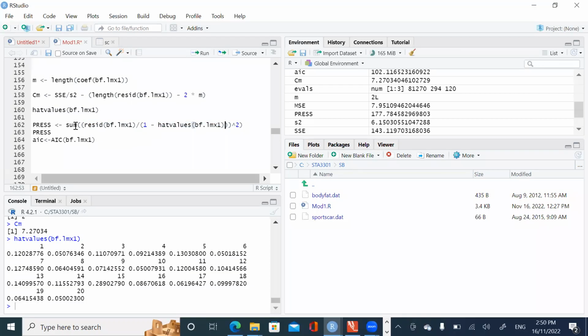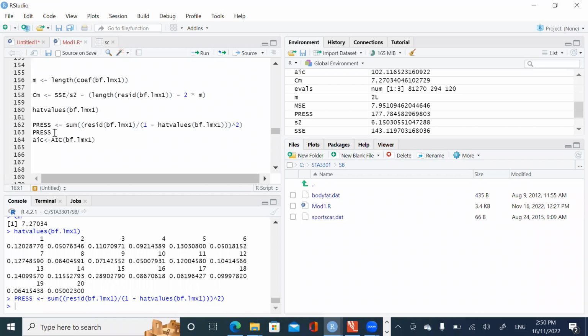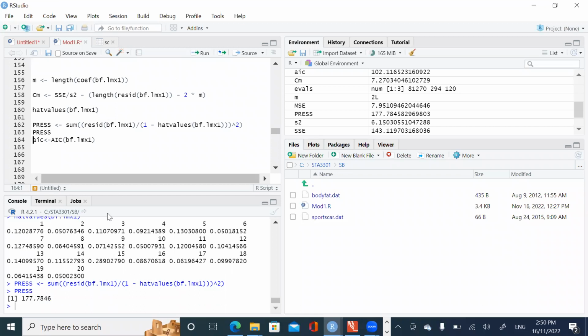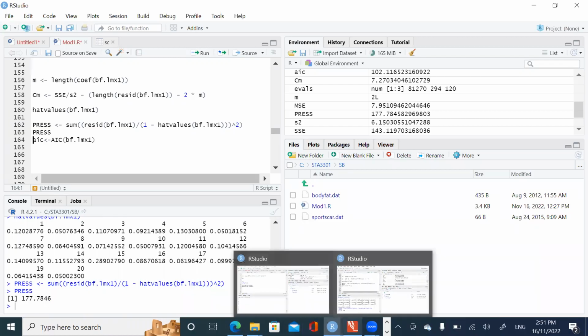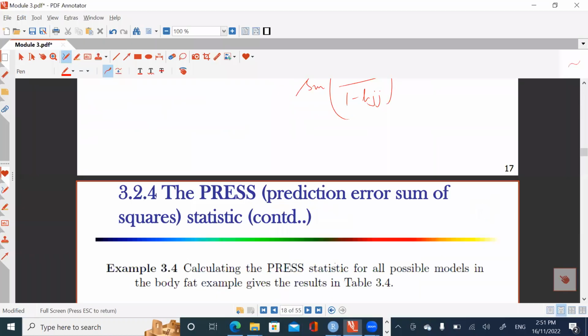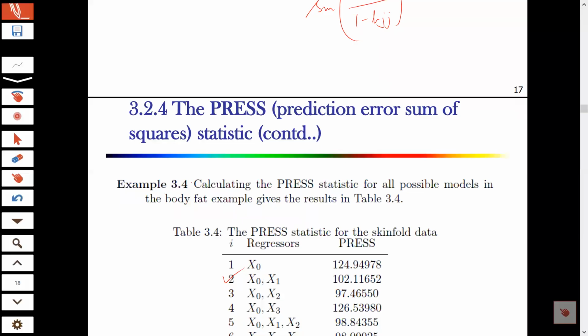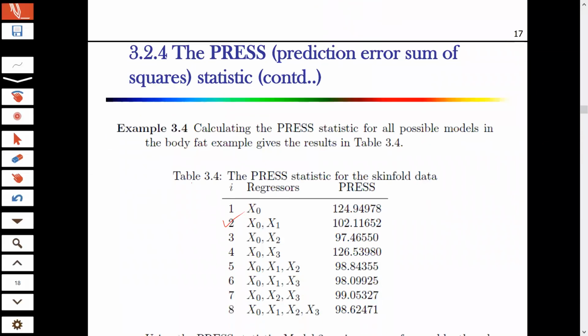If you calculate that, you will get the Peirce statistic. So now if I write the Peirce statistic, we will get the Peirce statistic for only x1 included. It should be 177.81.